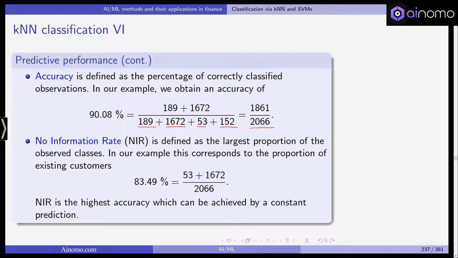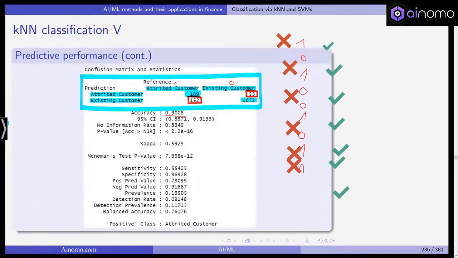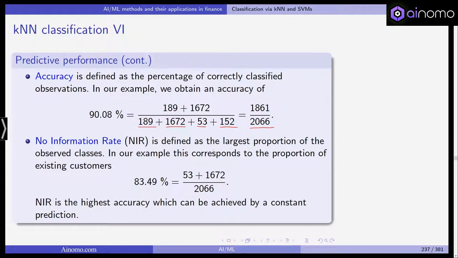In this case, this would be a constant 1. If we simply say everyone is attrited, I think this is the first. Let's just check. No, it's actually the existing customers, so no termination. And this is the highest accuracy which we can achieve simply by setting all predictions to 1 or to 0. You have to decide which one is better, of course.